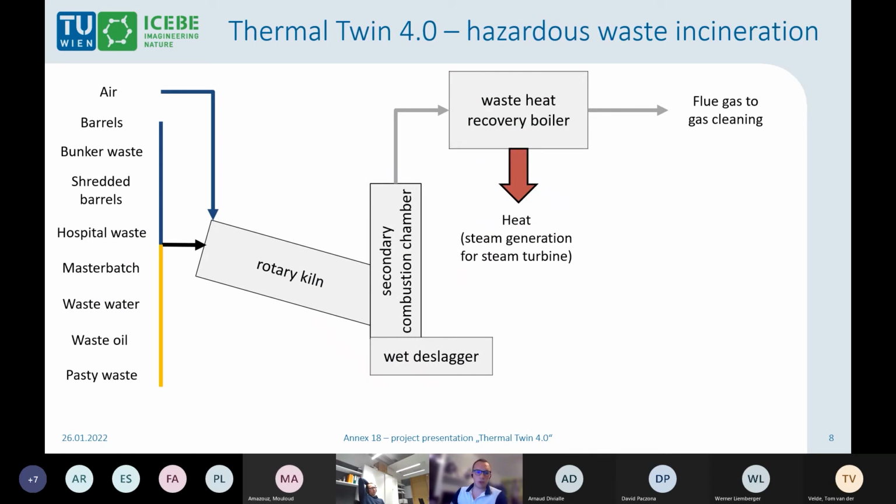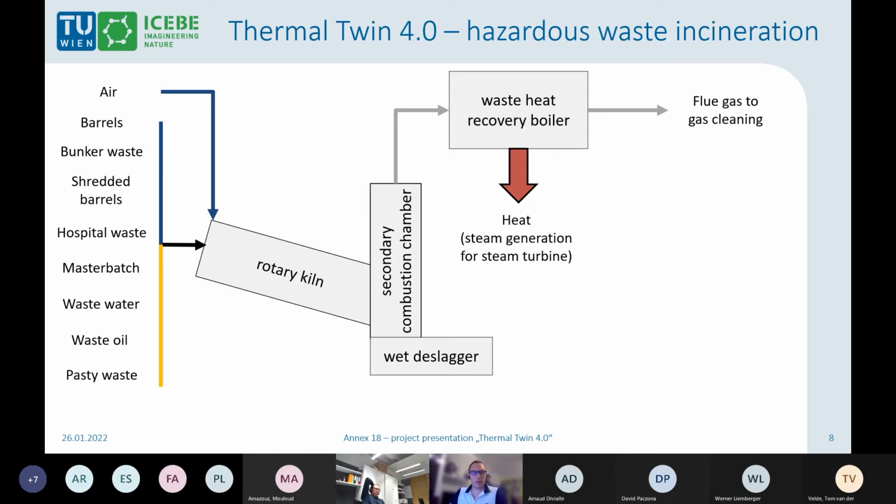First of all, a short scheme of the rotary kiln. We have 7 to 8 input streams. Why 8 now? Because pasty waste and waste oil will be fed together. But let's start with the barrels. There are 4 different solid input streams: the direct barrels, bunker waste, shredded barrels, and hospital waste, and 4 liquid ones, with the master batch, which is a mix of solvents, wastewater, waste oil, and pasty waste.